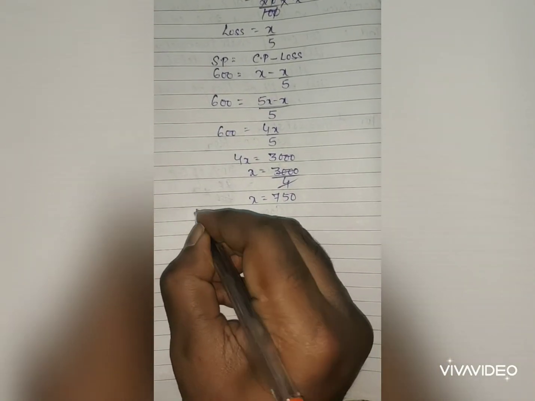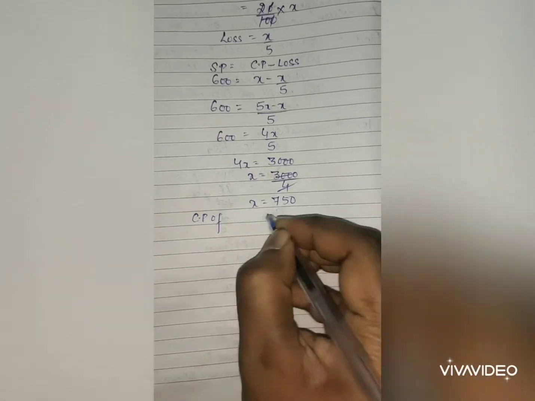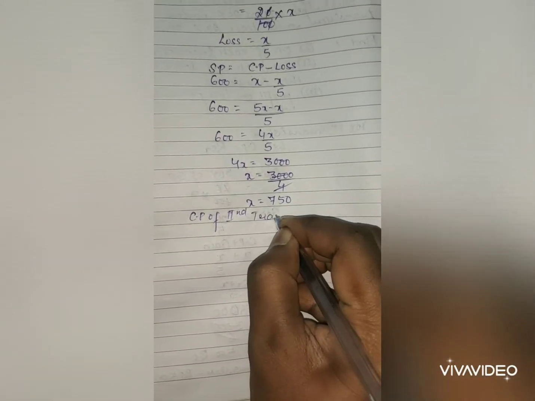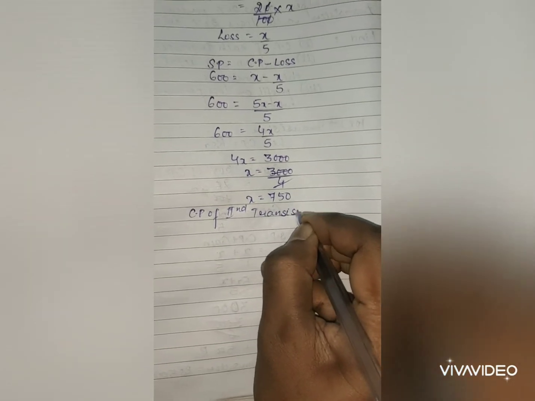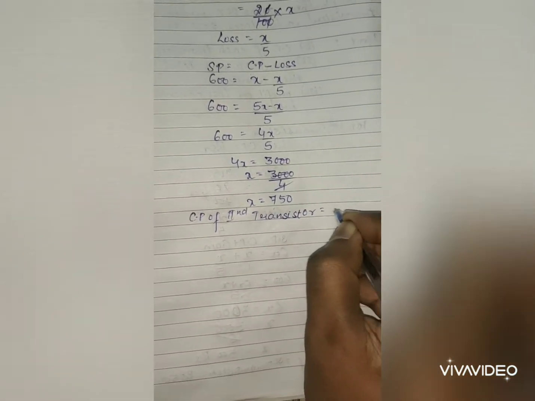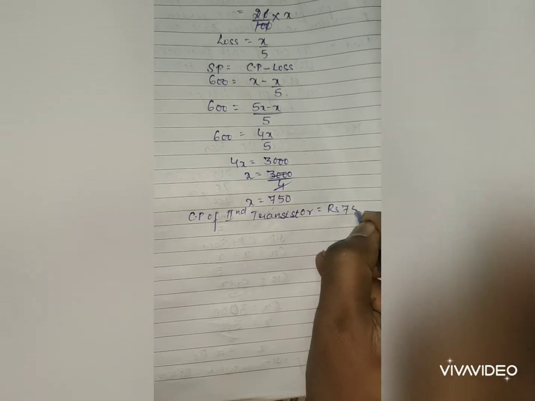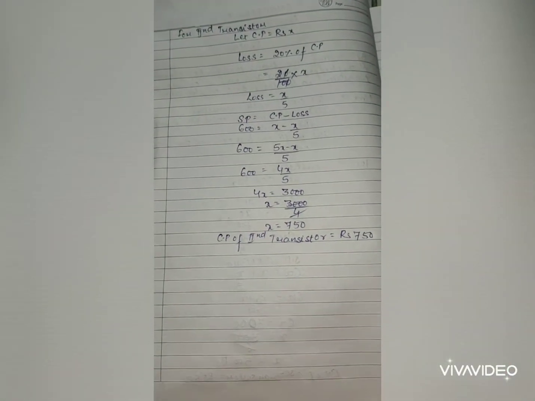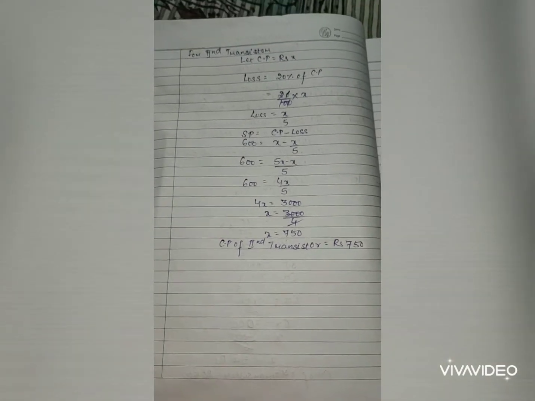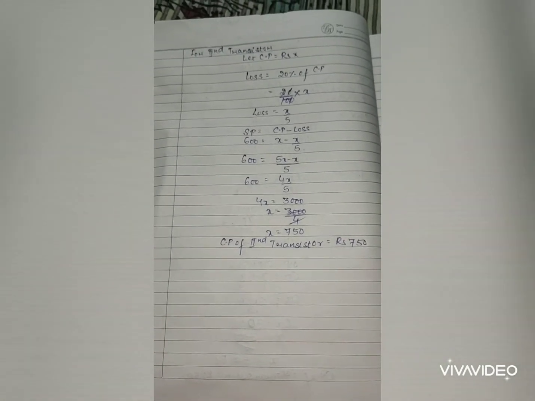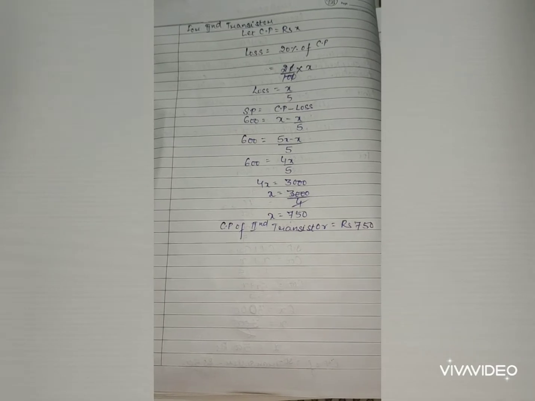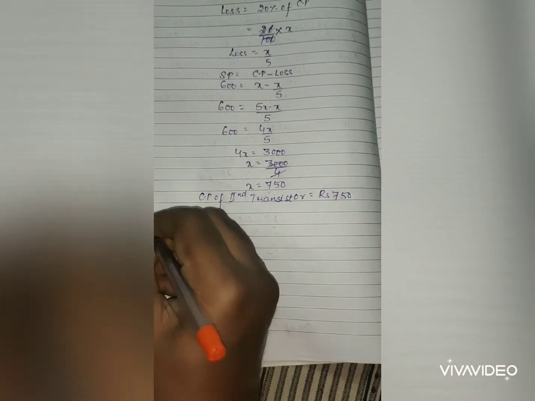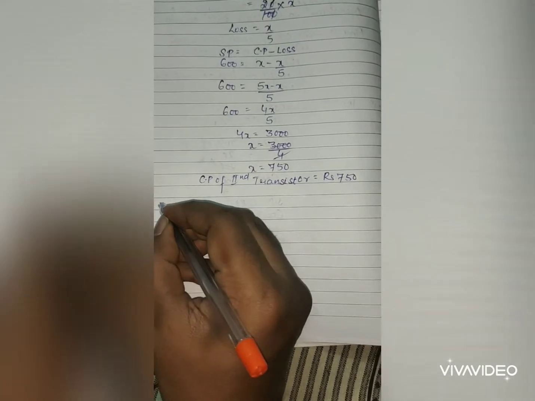So CP of the second transistor is rupees 750. Now the first part is solved, and we all know the second part, I will write it over here.